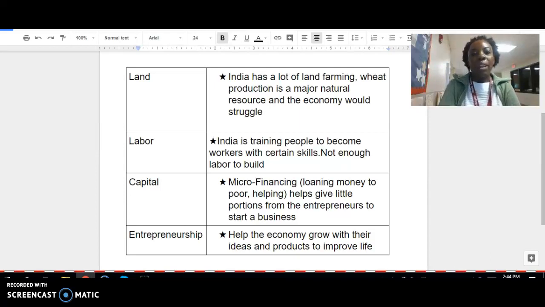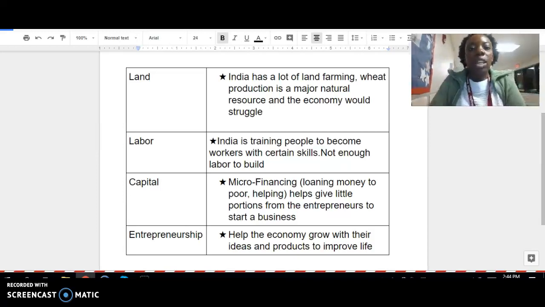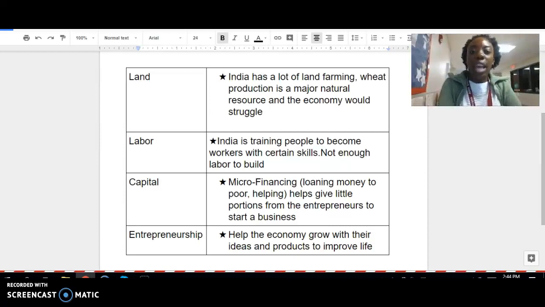And what you need to think about is how, if that factor continues to be missing, it can negatively affect the economy. For example, India has a lot of land for farming. Wheat production is a major natural resource, and the economy would struggle if that factor of production was missing because they would not be able to make money.